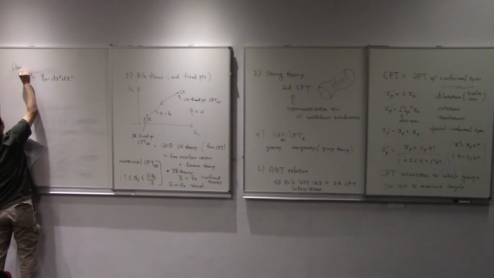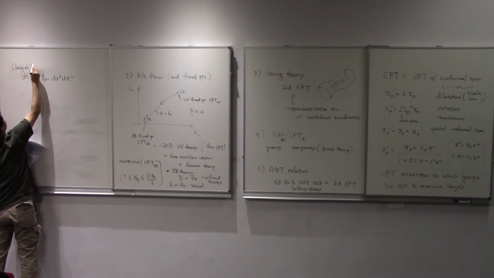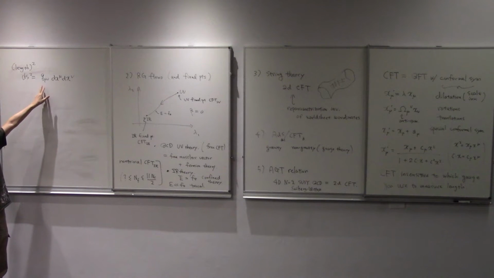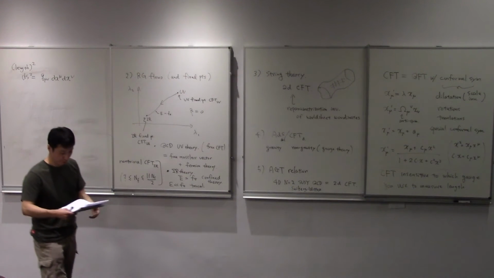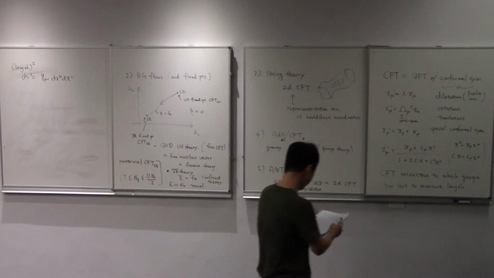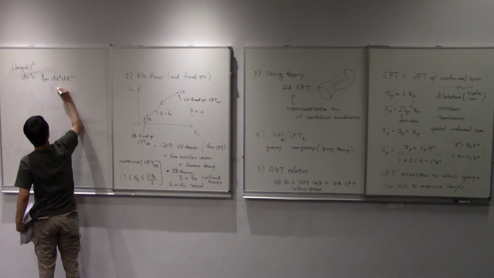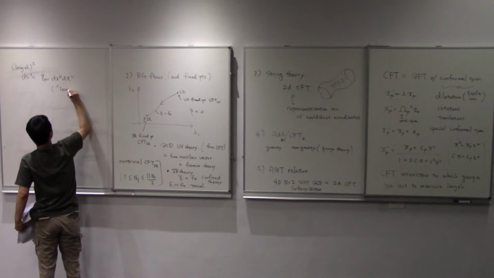This is the line element of the space which is endowed with this metric G mu nu. So this is the length gauge.